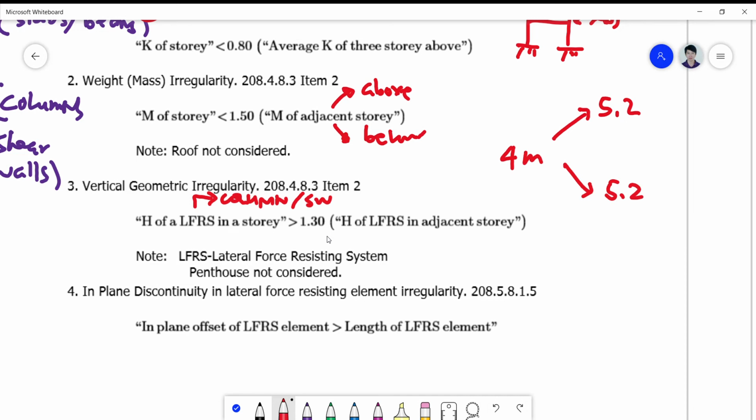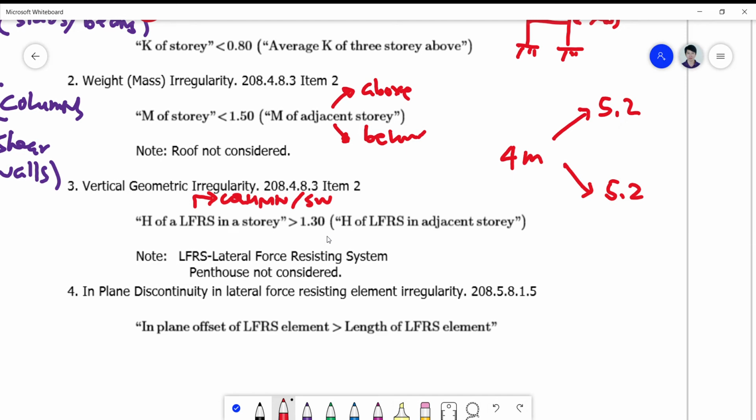Again, the reason for that is because it's just considered not a major part of the lateral force resisting system. But of course, we are talking of earthquake here. If we are talking of wind load, it's a different scenario. It might not be a concern in earthquake engineering, but it is a concern in wind engineering, because you are placing a structure on top of your building.